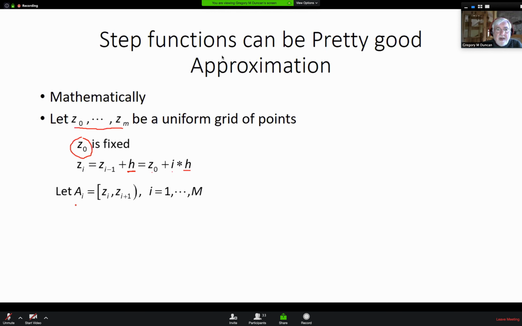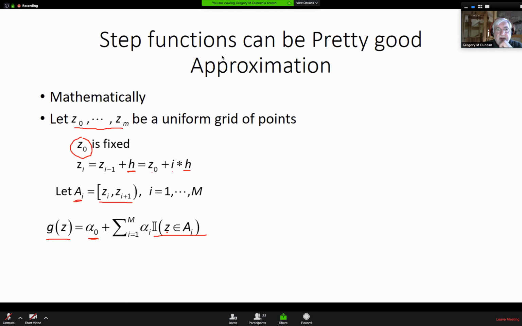Now, let Aj be a set. It's the set from Zj to Zj plus 1. So it's an interval, and note, I'm going to have it half open. Then I'm going to write g of z equals alpha 0 plus the summation of alpha j times I of z in Aj.